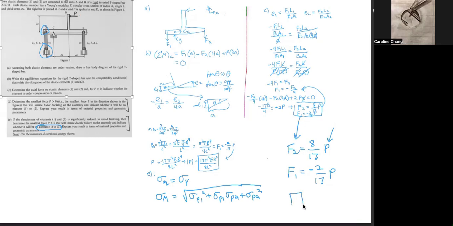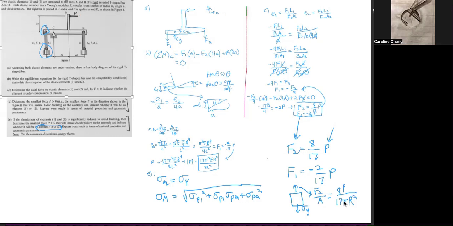So in an axial system, the only stress is sigma y, which is equal to F2 over A, where A is the cross-sectional area of the member, equal to 8 over 17 P over pi r squared.